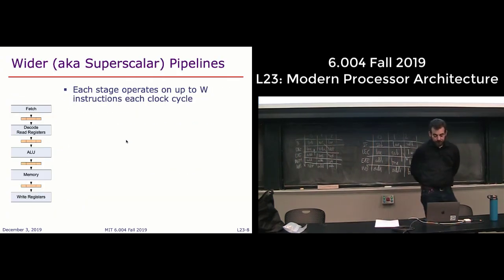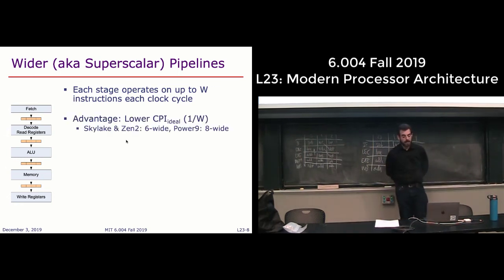Okay. So you can do deeper pipelines, and wider pipelines, as I mentioned before. The idea is to have essentially replicated logic in each stage, so that you can process multiple instructions at once, right? And so this lowers ideal CPI.